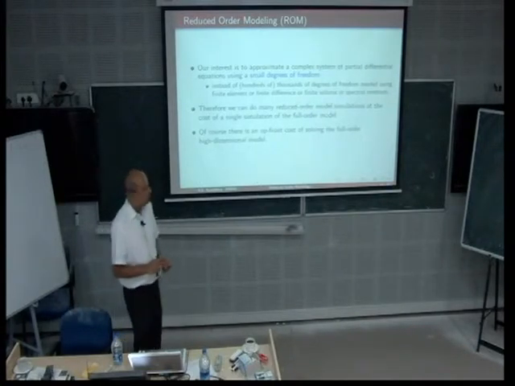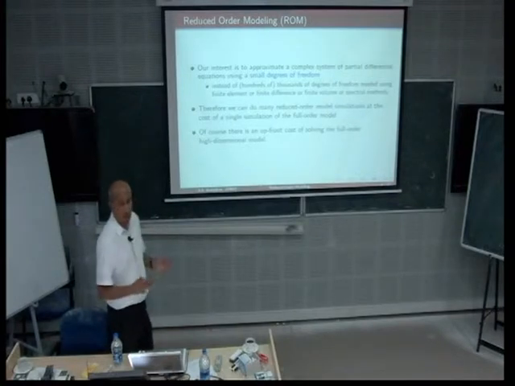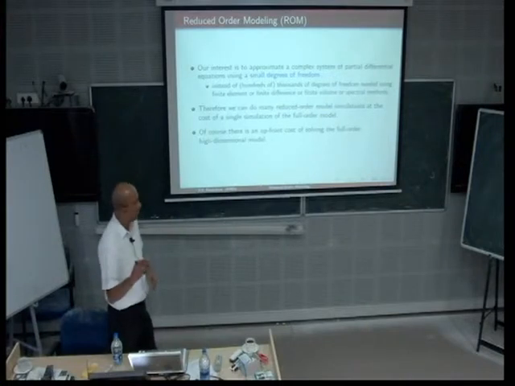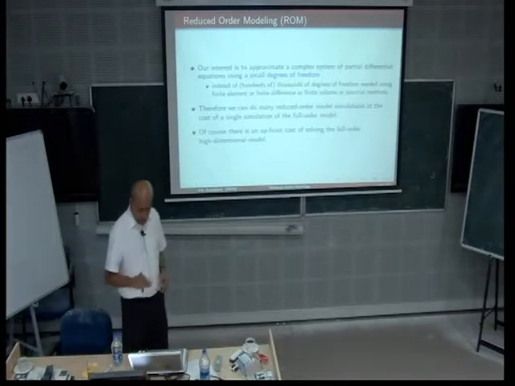So, if we can come up with such a reduced order model, then we can do many reduced order model simulations at the cost of a single simulation of the full order model. Of course there is an upfront cost of solving a full order high dimensional model. I will go into the details of this later.